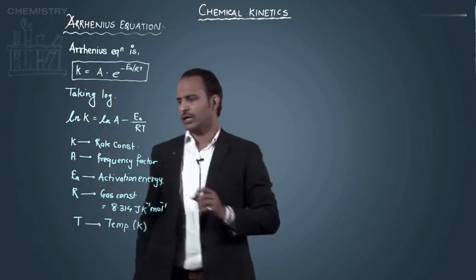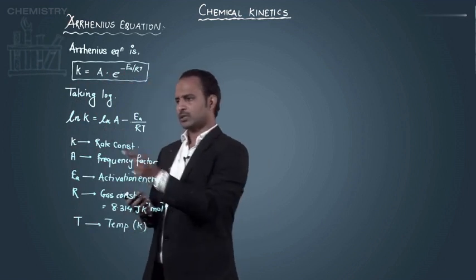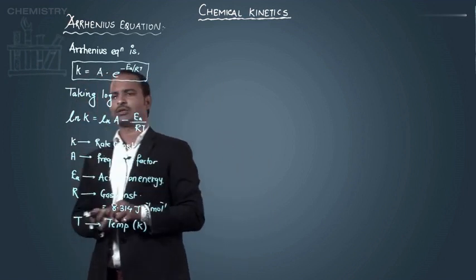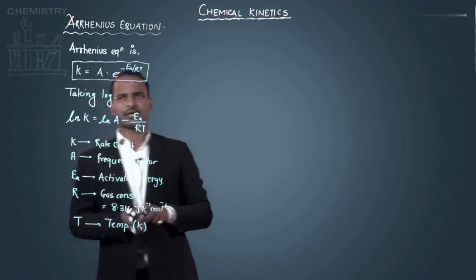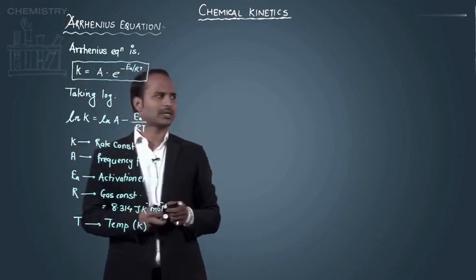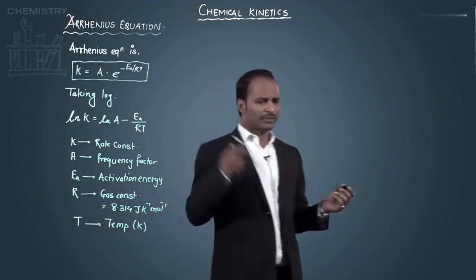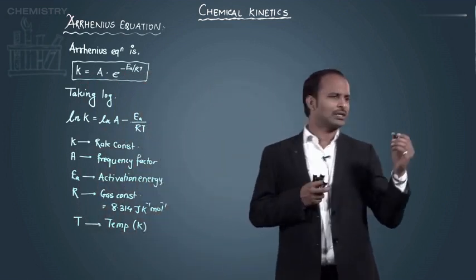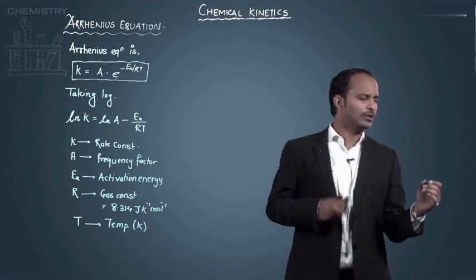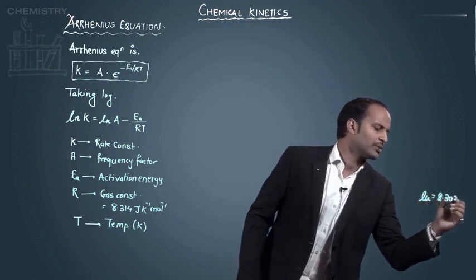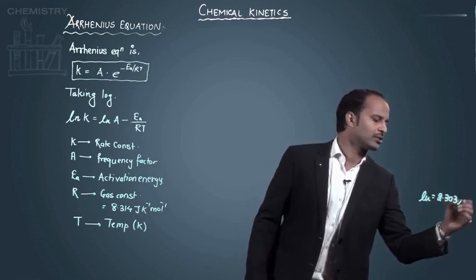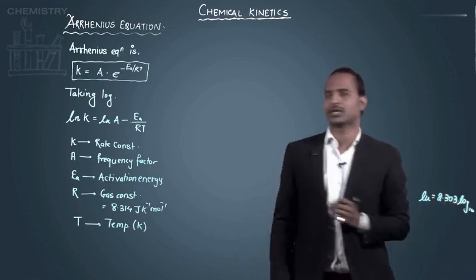Now we have the Arrhenius equation in the form of ln, that is log to the base e. Let us write it in the form of log to the base 10. Last time, in a derivation, I said that to convert ln into log to the base 10, we multiply by 2.303, that is ln is equal to 2.303 log to the base 10.